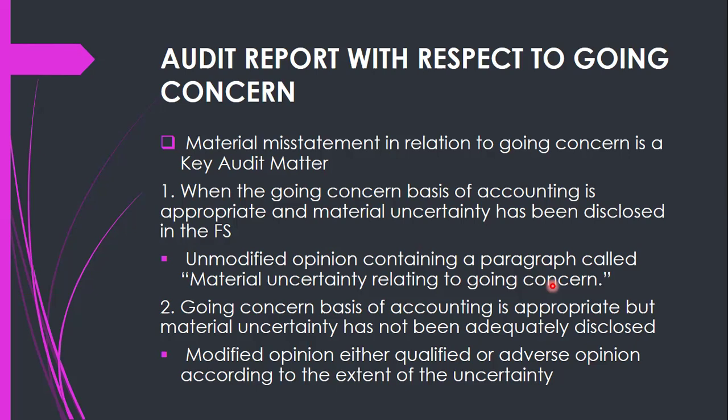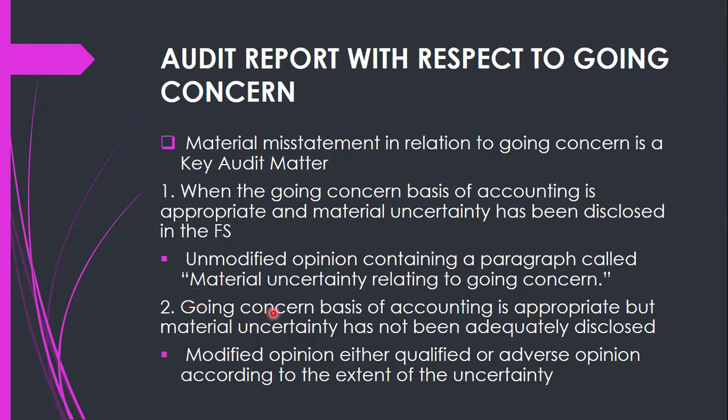Maybe it's got a high level of debt, or some of its borrowings are falling due, and it has no possible ways of paying. But that particular uncertainty has been expressed in the notes to the financial statements. The auditor needs to express an unmodified opinion containing a paragraph called material uncertainty relating to going concern, right?